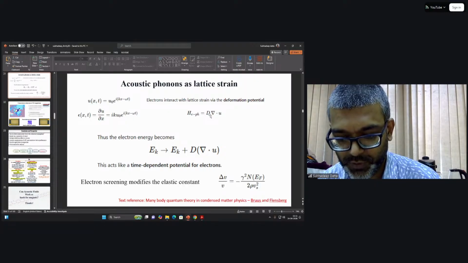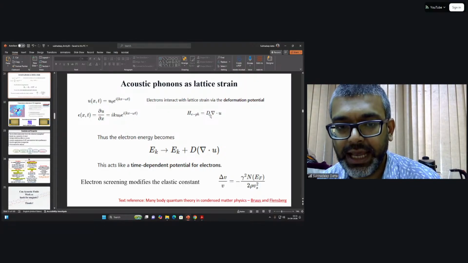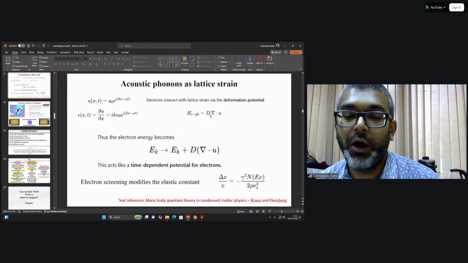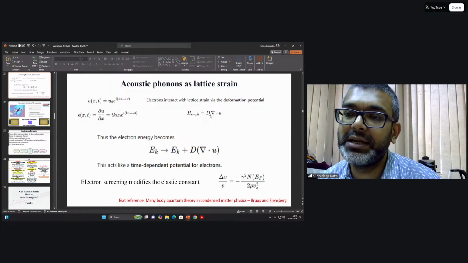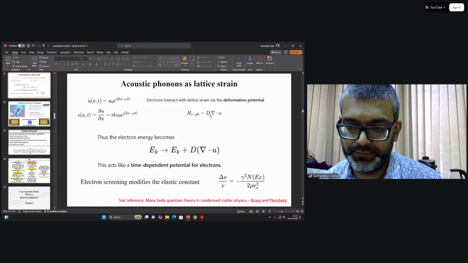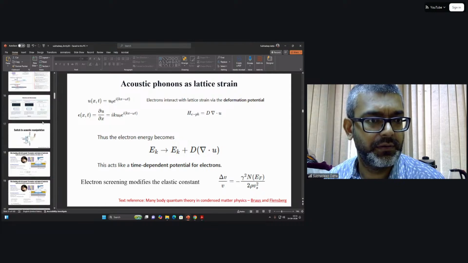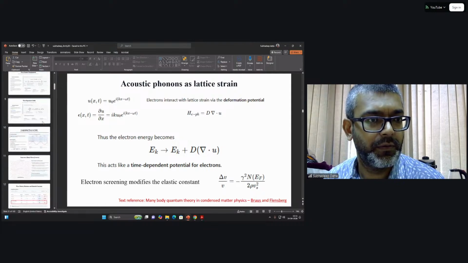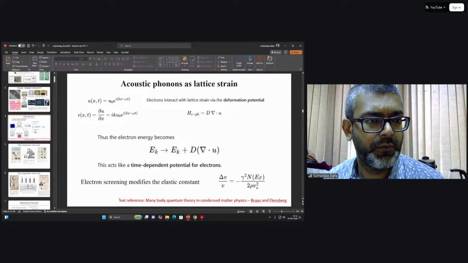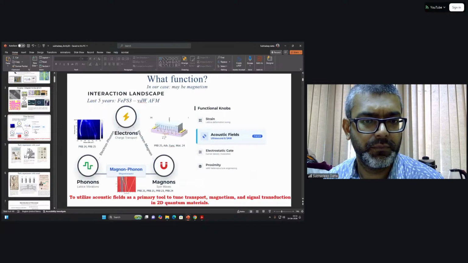Sir, sound is actually a mechanical wave. It will create lattice strain. In the interaction landscape, there is an interaction between phonons, magnons, and the electrons. My question was whether the acoustic field influences electron transport on a larger scale or a smaller scale, and how?